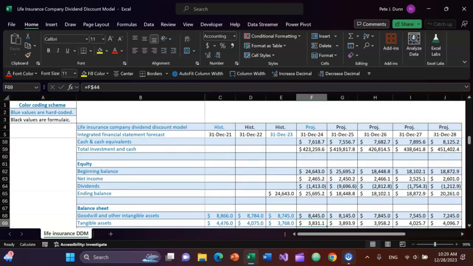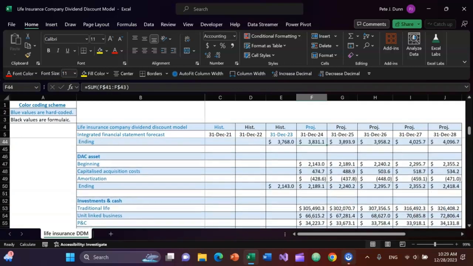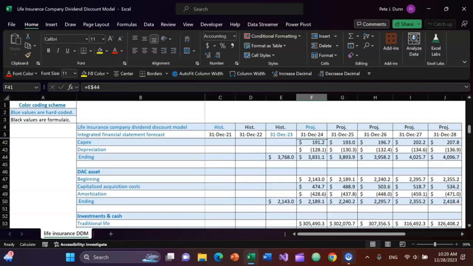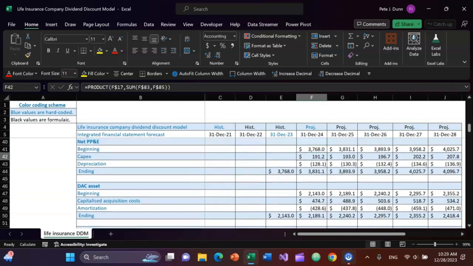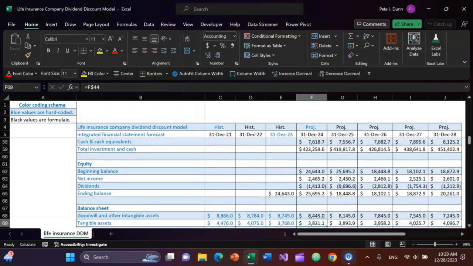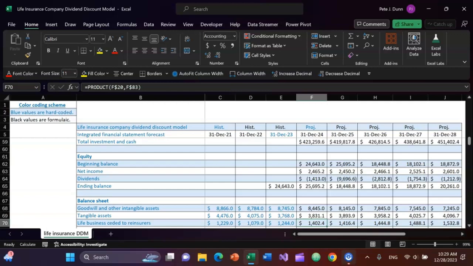Tangible assets, that references row 44. It's this tangible net property, plant, and equipment schedule that we built out earlier in this video. That's where that number comes from. F5 enter.